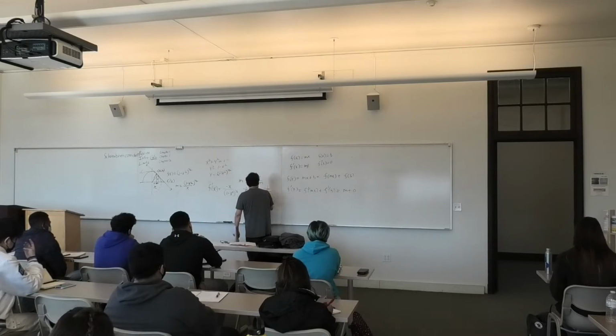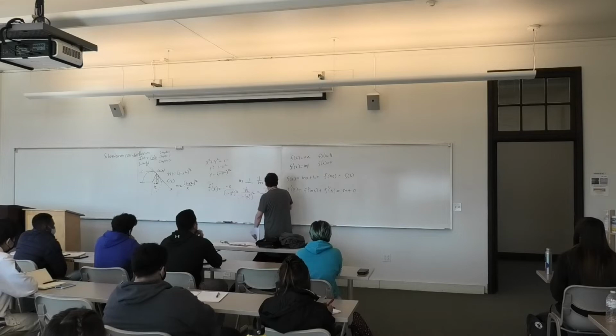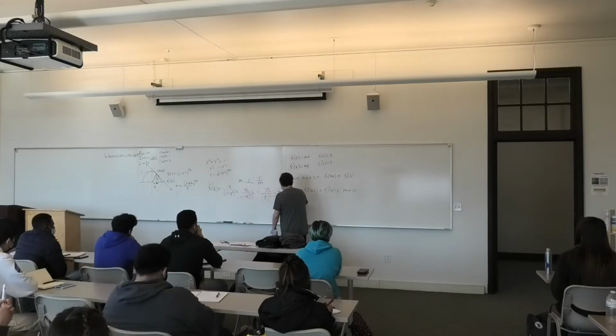That's a quarter, 1/2. So that's the square root of 3/4. Minus 1 over the square root of 2 over the square root of 3 over 2. So divide by a fraction, multiply by the reciprocal. 2 over the square root of 3.